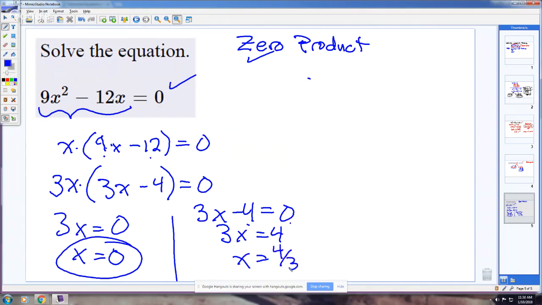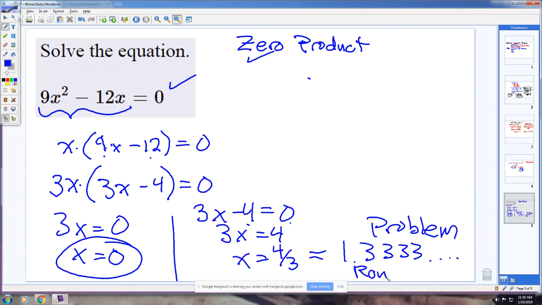Now, a lot of us are accustomed to whipping out our calculator. And if we whip out our calculator here, we'll find we're going to get 1.3333. And those 3's go on forever, whether the calculator shows that or not. And that's a problem. To enter that into a computer, I would have to round.